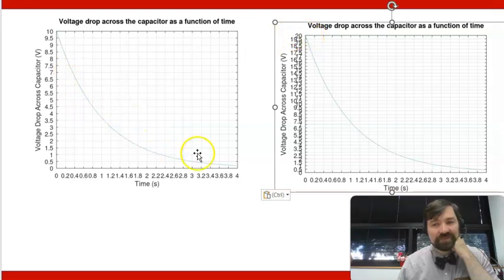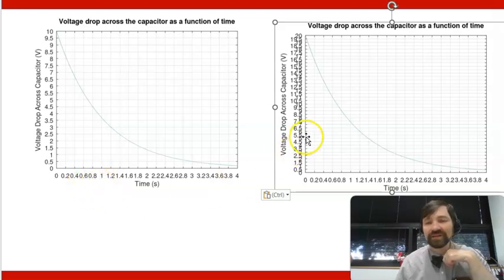But essentially the shape is the same. I'm starting from 20 rather than from 10, and I'm finding that, to get from 10 down to 5, which is half, here's 5, I come down here and I'm roughly midway between 0.6 and 0.8 seconds.